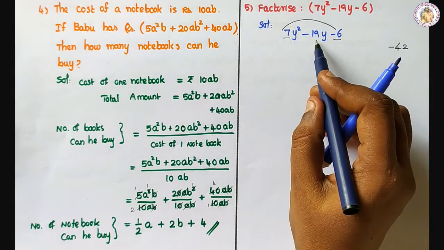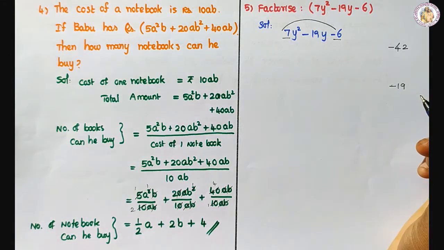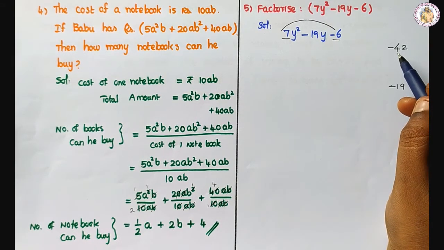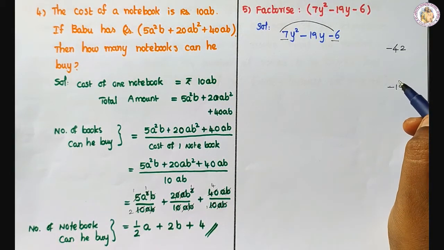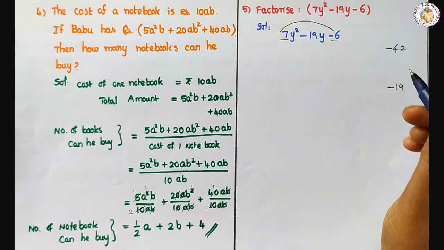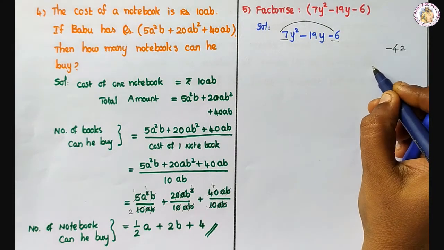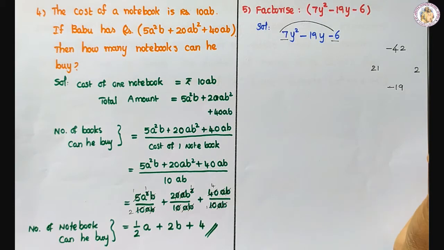And what is the coefficient of y? That is minus 19. We have to find two numbers. If we multiply those numbers, you must get minus 42, and on addition you must get minus 19. What are the numbers? 21 2s are 42.